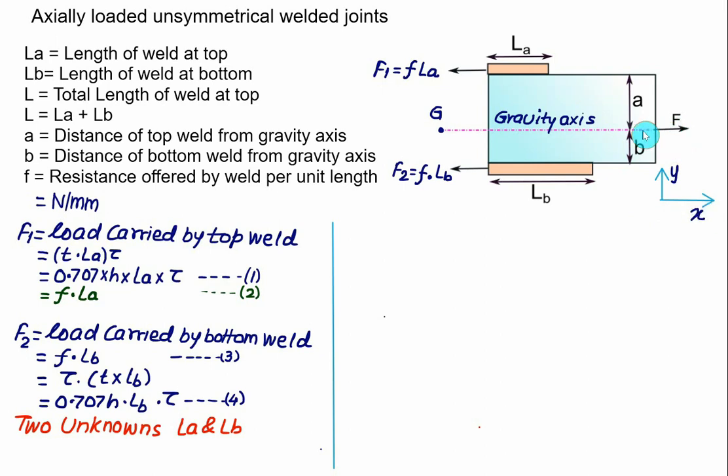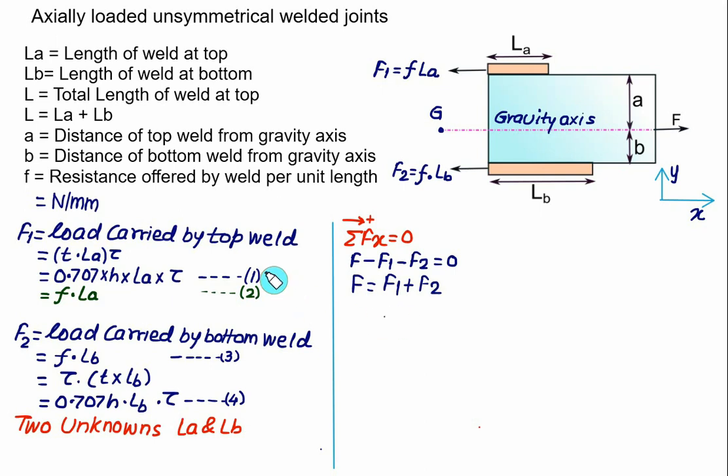In that case the force F is positive, F1 is acting leftward so it is negative, and F2 is also acting leftward so it is negative. So we have F is equal to F1 plus F2. If we apply sigma Fx, then F is a positive value, F1 is a negative value, and F2 is a negative value. So we have F minus F1 minus F2 must equal 0, or F is equal to F1 plus F2.